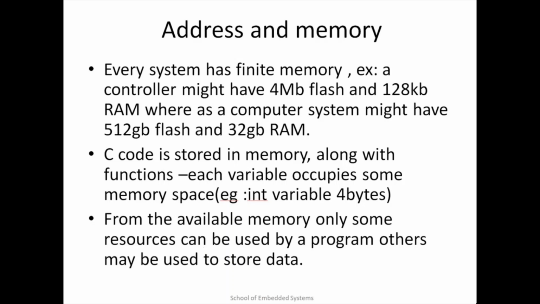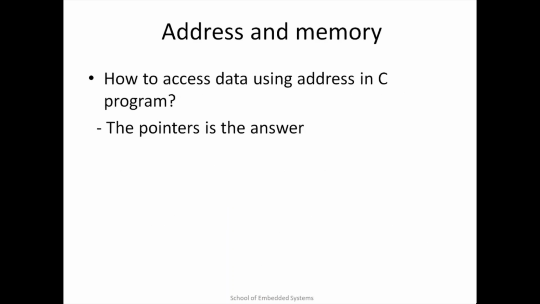Okay, so how do we access this? We have an address, and a C program occupies memory. A variable occupies memory. So as a developer, what should we do with this knowledge?